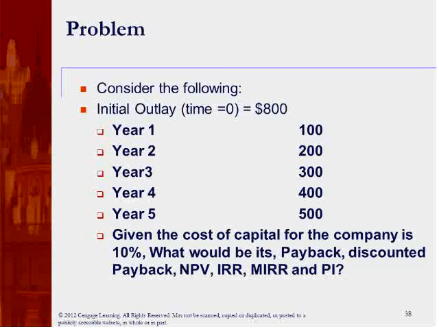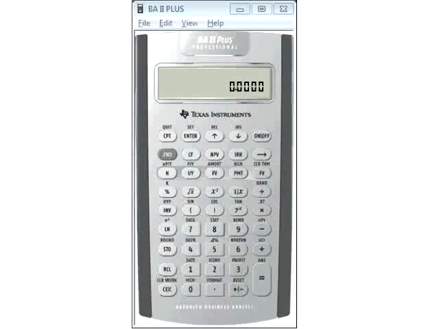Okay, looks like you all got some answers. NPV is 265.25. Let me go to my calculator and we can do this, okay? Okay, first cash flows, second clear. 800 negative, enter.